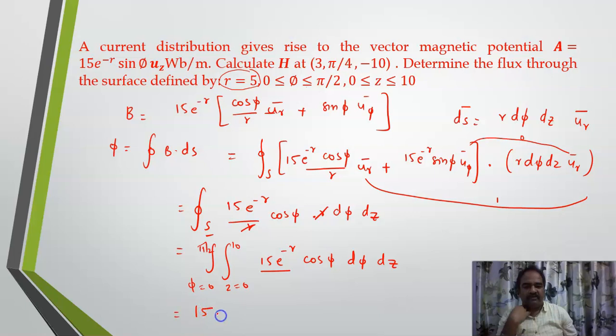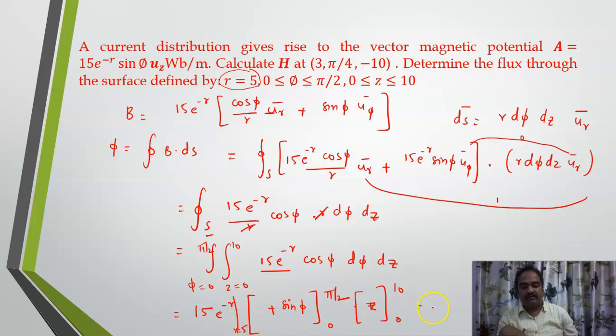Cos phi will become sin phi, whereas phi will be varying from 0 to pi by 2. And no value of z, so it will take it as z itself, so it will become 0 to 10. And here r is equal to 5. So if you substitute, you will get somewhere around 1.0 as the answer to your problem.